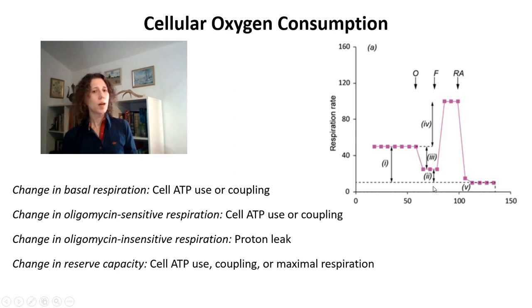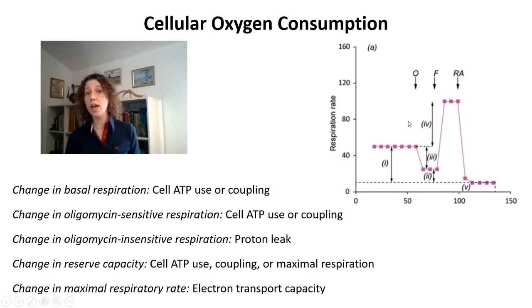Now, what happens if you have a change in reserve capacity? If you have a change in reserve capacity, either your cells are using more or less ATP, or they're making ATP with more or less ability, there's a change in coupling, or you have a change in the maximal electron transport rate. How you can differentiate these different conditions: first looking at oligomycin-insensitive respiration, and second looking at the changes in maximal respiratory rates.